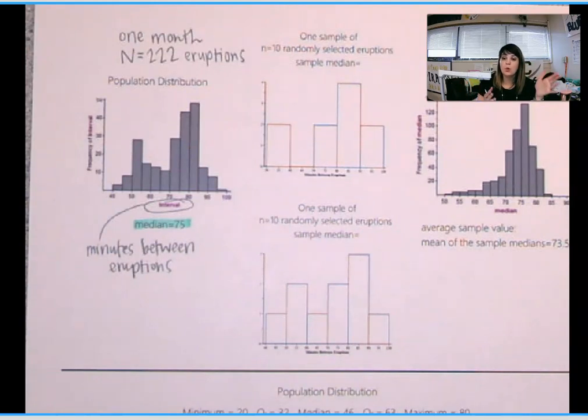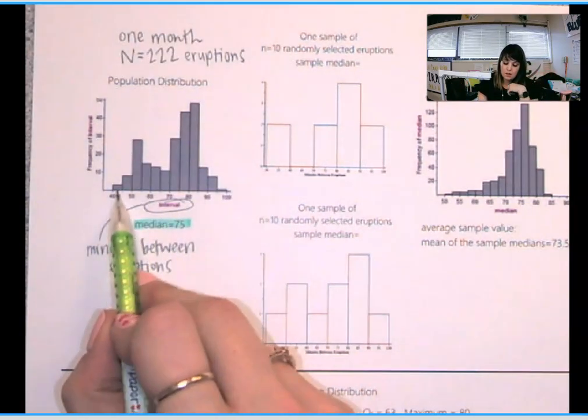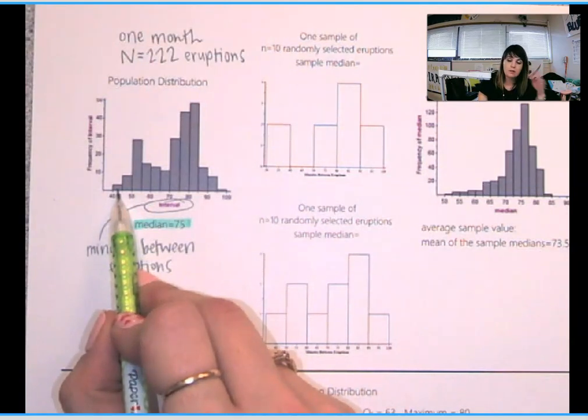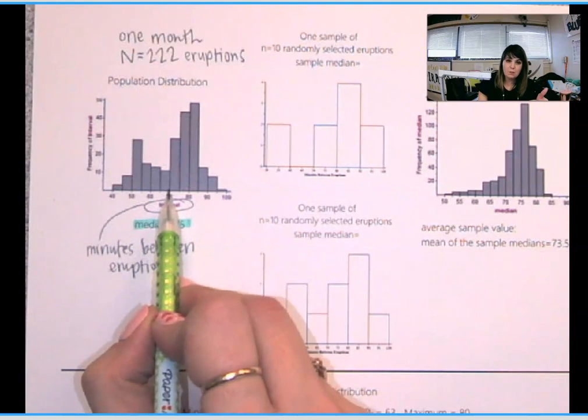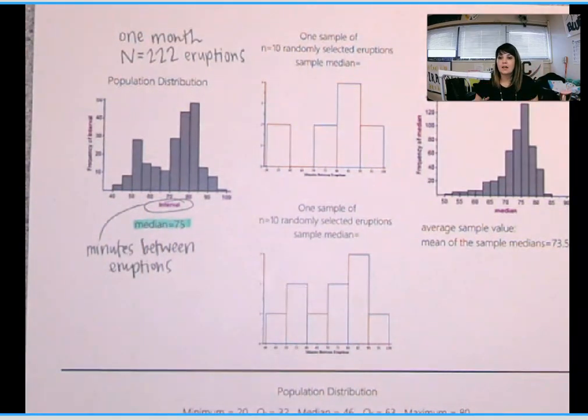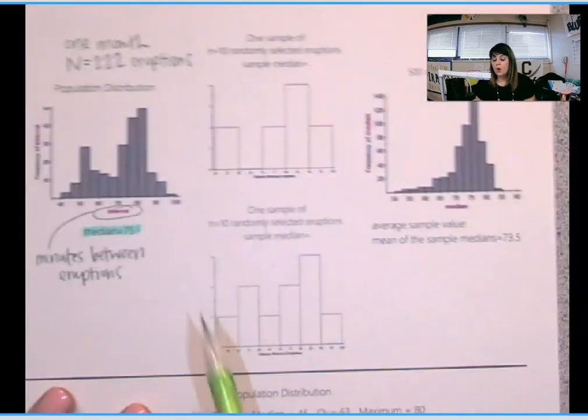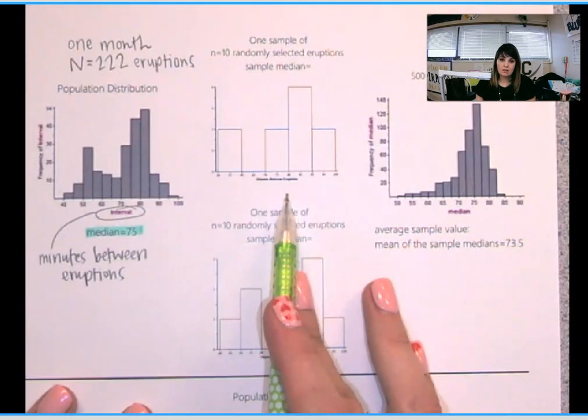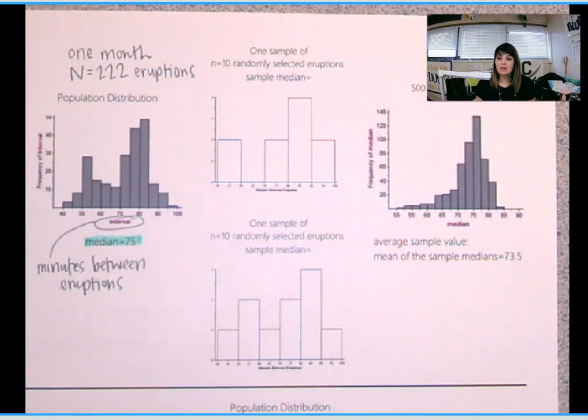So maybe it's 20 minutes. Well, actually, it couldn't be. Maybe it's 40 minutes between the first and the second eruption. Maybe it was 70 minutes between the 100th and 101st eruption. What we have graphed here is the time between each eruption. What our samples are then is 10 random eruptions, the time between them.